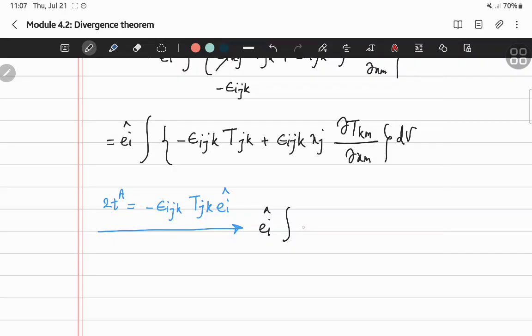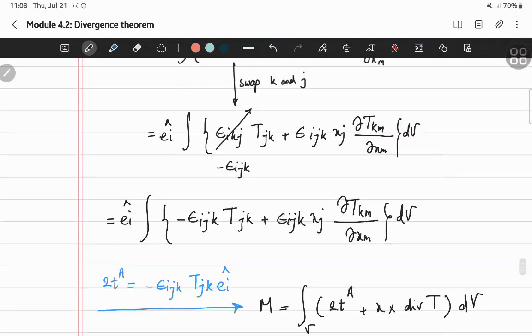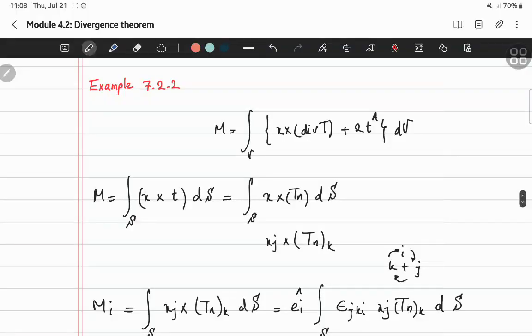This is 2ta, because this is equal to minus epsilon ijk tjk ei. I'm not going to write ei because I already entered this ei in here. So we have m equal to, the first one is 2ta plus, and this one is x cross the divergence of t dv over v, which is the one that we had in here.